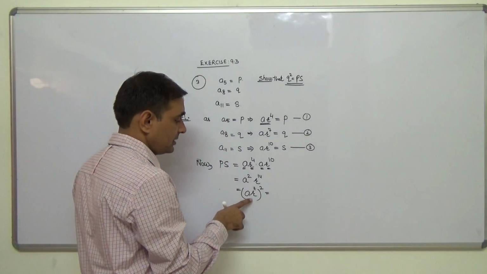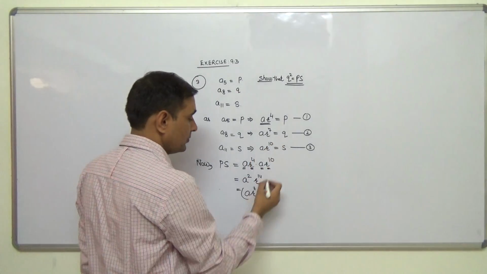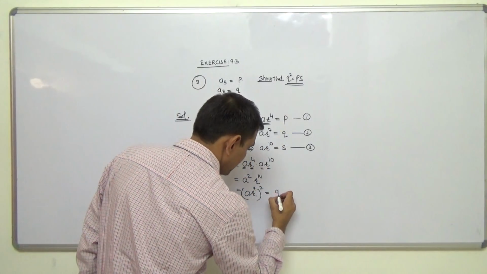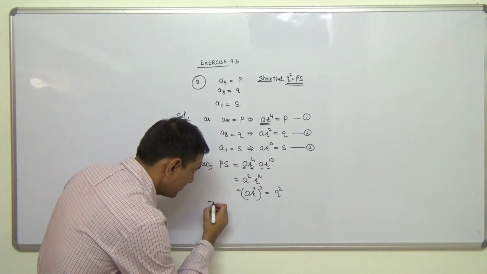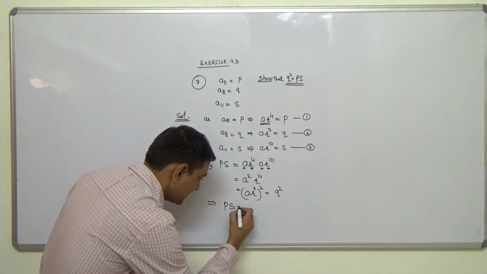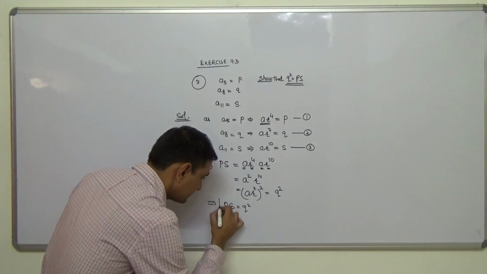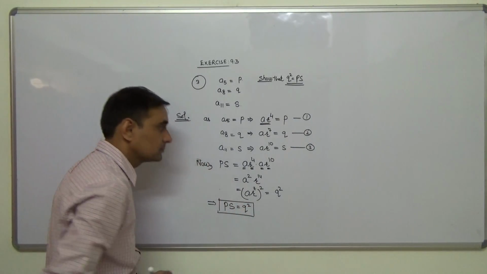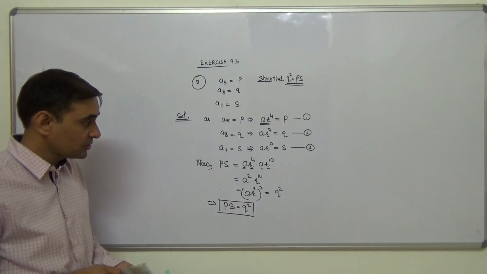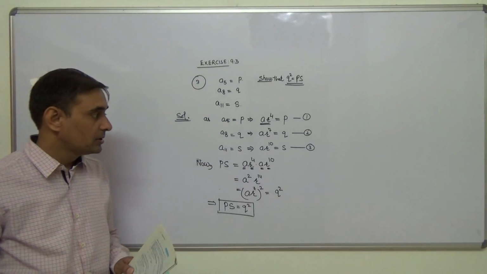Now what is AR7? AR7 is Q, so it will be Q square. This implies we can say PS is equal to Q square. Fine. यही हमें शो करना था. PS is equal to Q square.